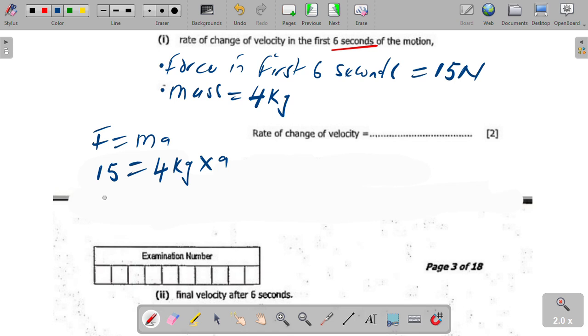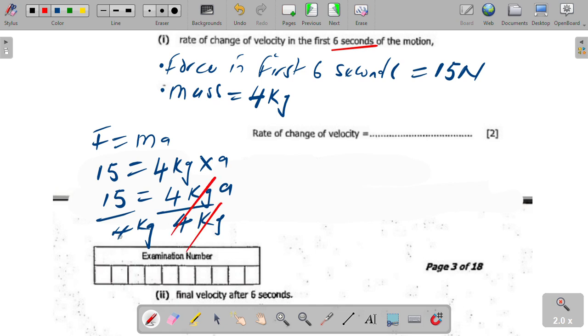Here we multiply 4 kg times a, since we are looking for the rate of change. So it will be 4 kg times a, and then we divide both sides by 4 kg. We cancel.